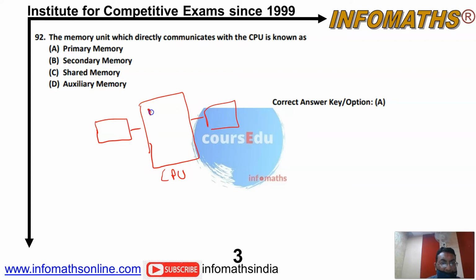Here we write memory at the top, then we have CU and then ALU. This is basically the computer and this is the memory. And students, this is not a hard disk, not a pen drive or cache memory. This is purely primary memory. It's the primary main memory that interacts with the computer.